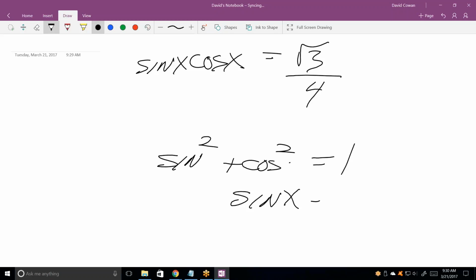Sine x equals, actually plus or minus, the square root of 1 minus cosine squared.